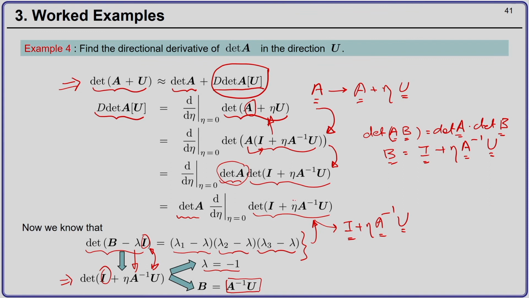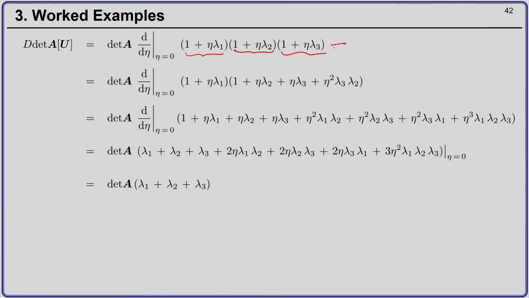The eigenvalues of a matrix multiplied by a scalar will be the scalar multiplied by the eigenvalues. So, the eigenvalues of eta A inverse u will be eta lambda 1, eta lambda 2, eta lambda 3, and that is what we have here.